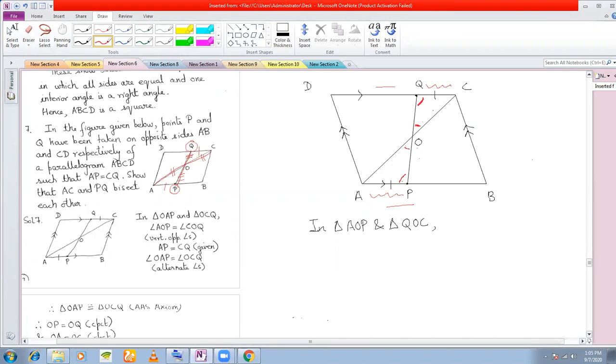Because these two angles are involved. See this triangle, these two angles are involved, and this side is actually opposite to this angle. So therefore, angle side. We'll write angle AOP is equal to angle QOC because they are vertically opposite angles.